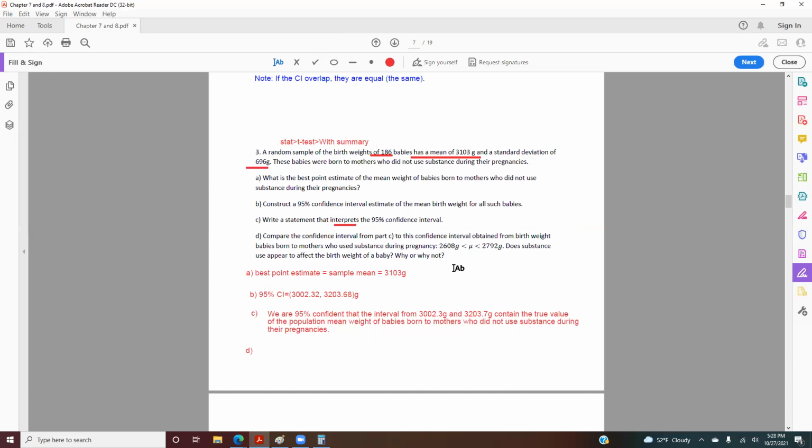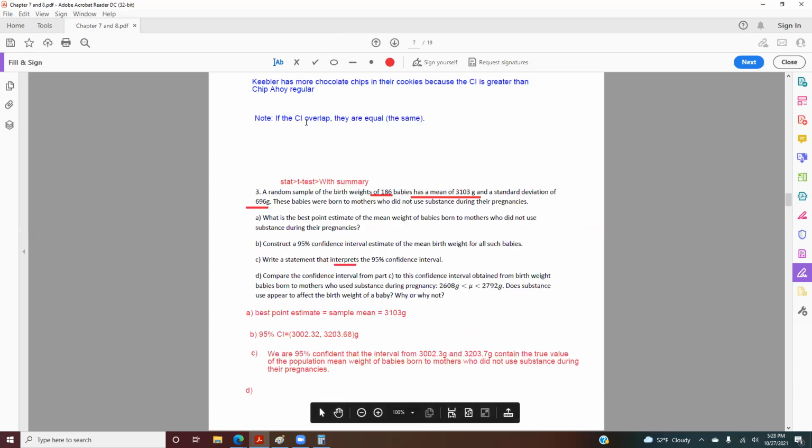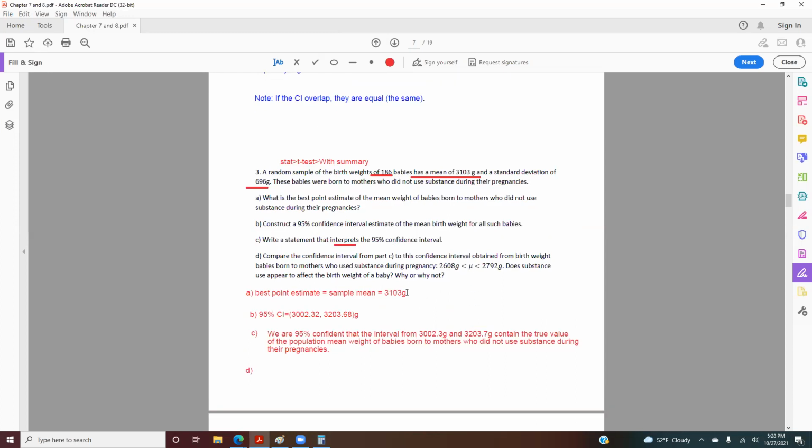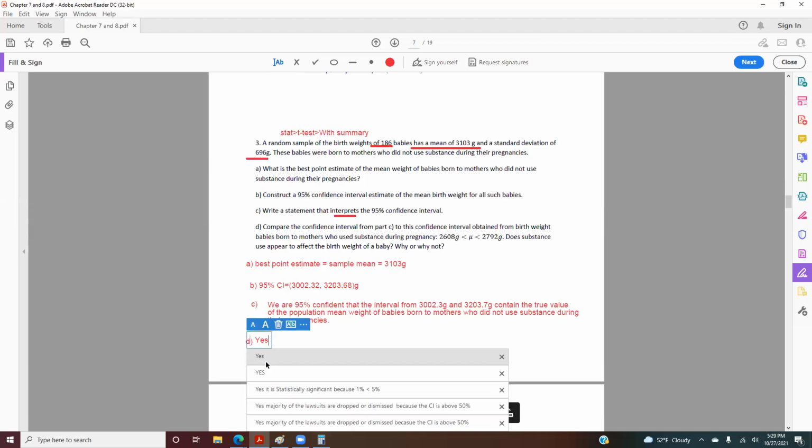If there is a change, the answer will be yes. If there is overlap, the answer will be no. Are these two overlapping? No. So does substance affect? Yes.